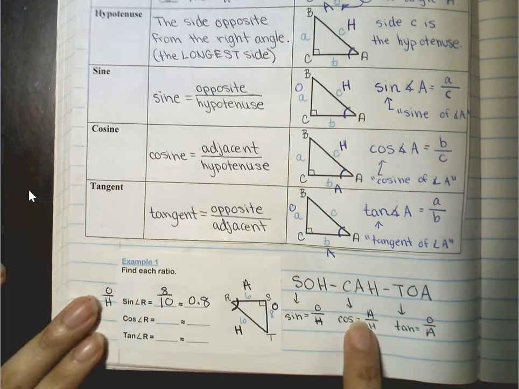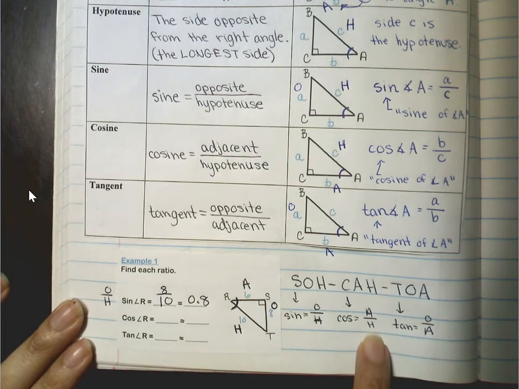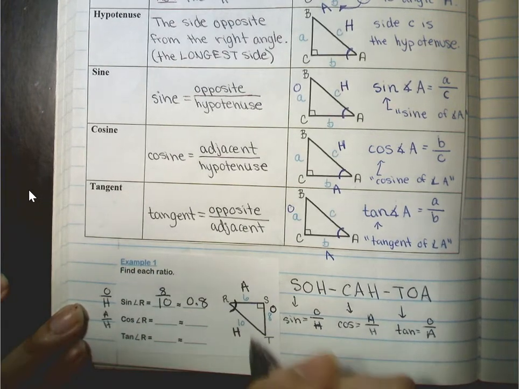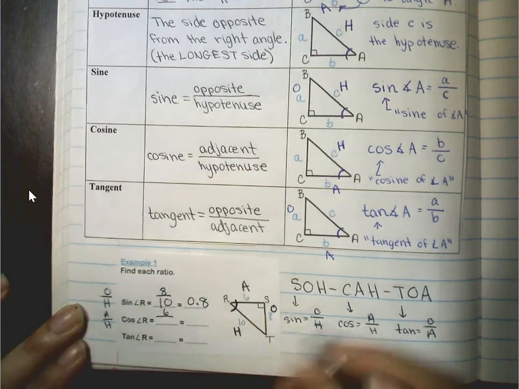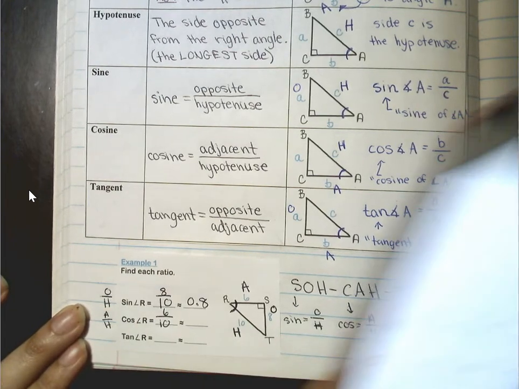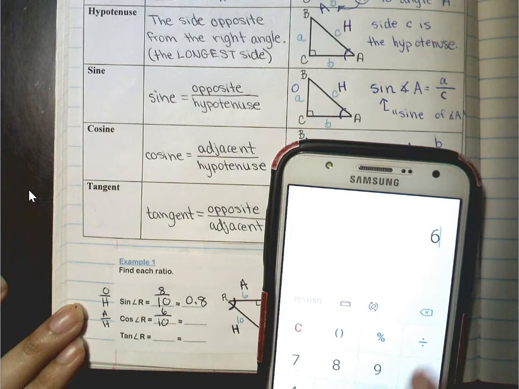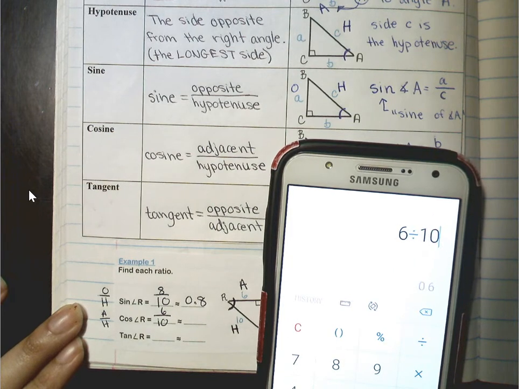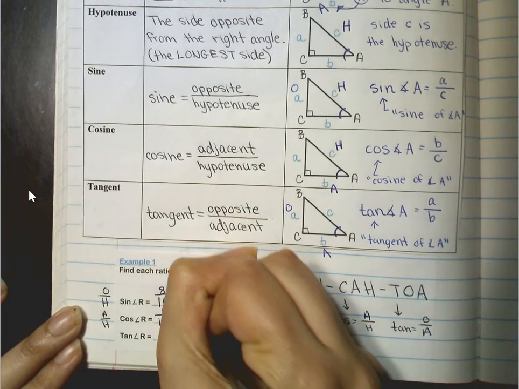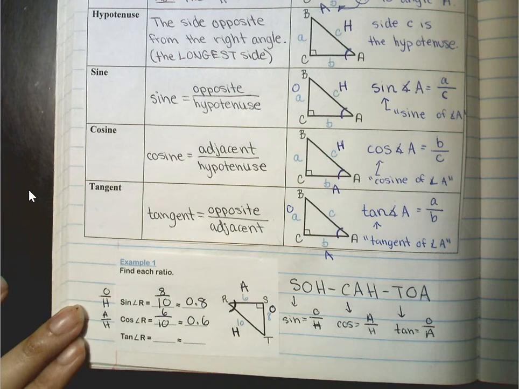Cosine. My formula for cosine is right here. Adjacent over hypotenuse, so A over H. The A is 6. The H is 10. So it's 6 over 10. If I put that in my calculator, 6 over 10, that's 0.6 as a decimal. And then the last one is tangent.